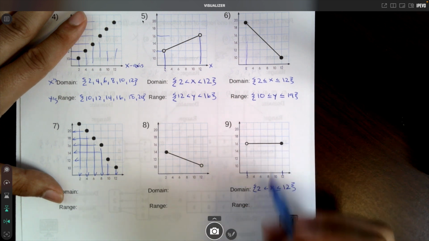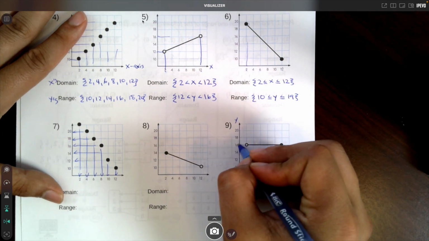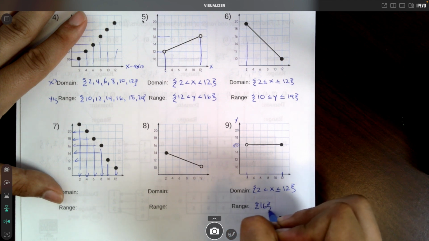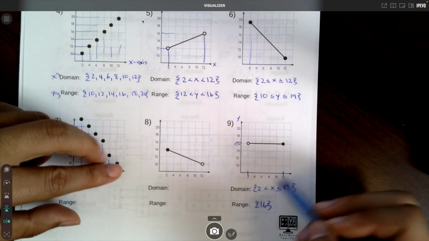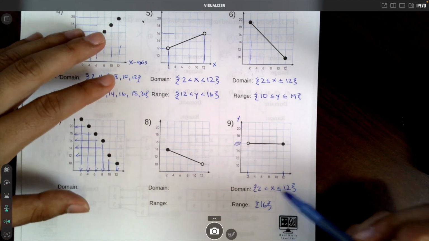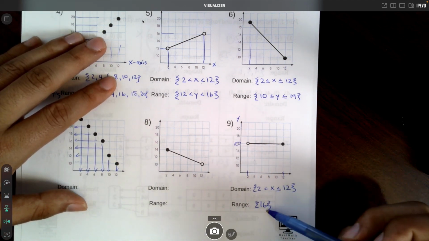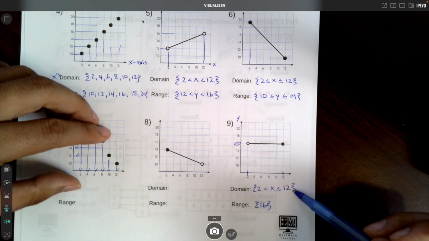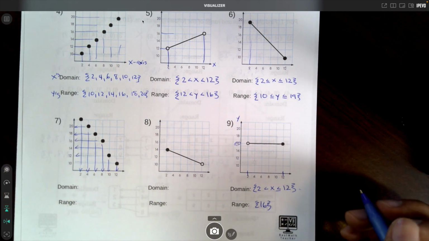The range is all the y values, but if you pay attention, it only touches at 16, so this is literally just 16. That's its full range. As long as you plug something in between 2 and 12, you're going to get a result. That's what it means. Anything less is not going to work. Anything more is not going to work. But whatever you plug in from there, you're going to get a 16. Okay?